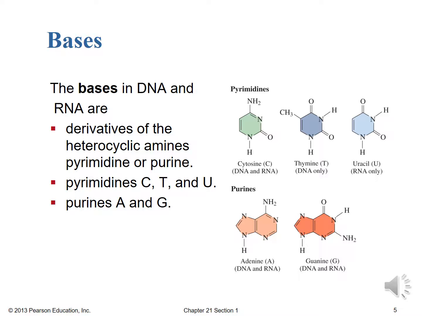So wherever we have a thymine in DNA, it's replaced by a uracil in RNA. The purines, A for adenine and capital G for guanine, are the same in both DNA and RNA. So DNA and RNA share cytosine, adenine, and guanine. In DNA we have thymine, and in RNA we have uracil to replace the thymine.